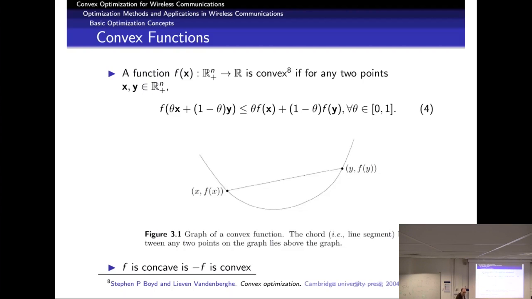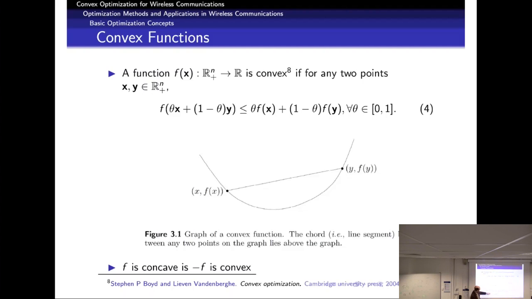So this is a visual representation of what that means. F of x is here, f of y is there, and this is essentially the chord that links those two points. Right? And if you have a function that has the opposite behavior, that is something like this, it is concave, well, essentially the opposite.